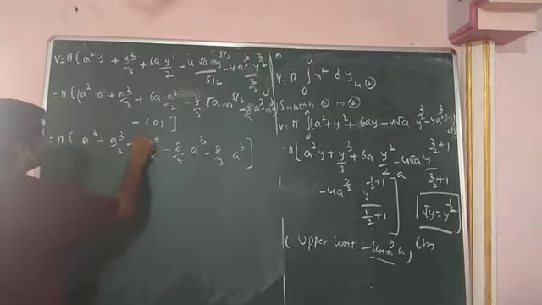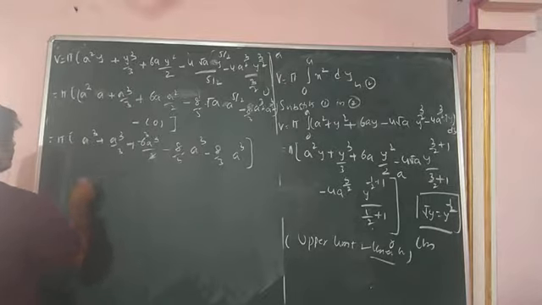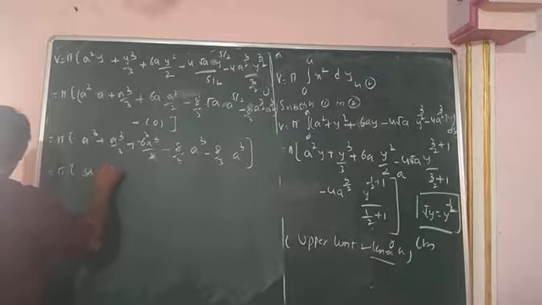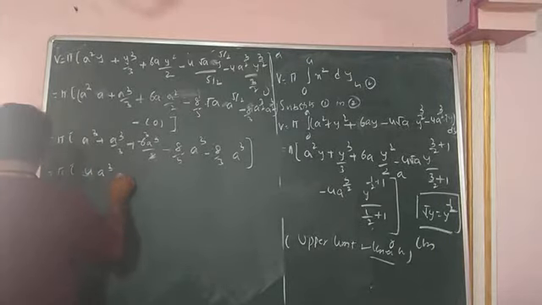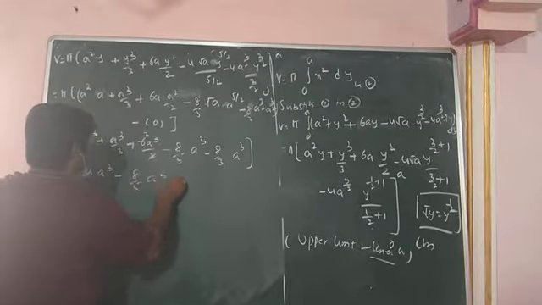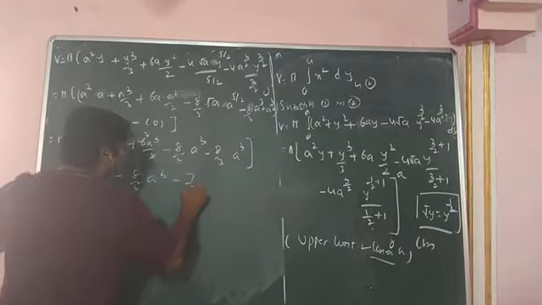So finally what we get: pi equal to 4a cube, minus 8 by 5 a cube, minus 7 by 3 a cube.